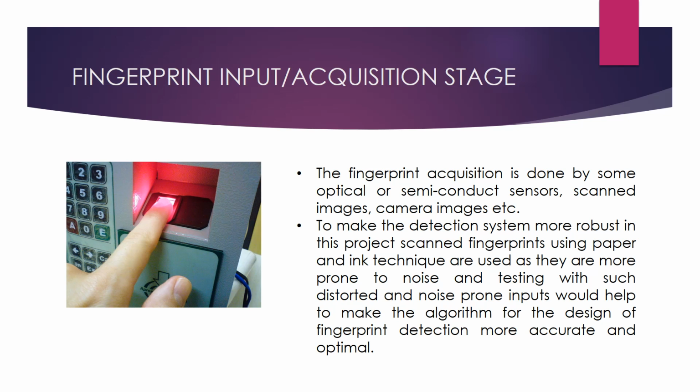While testing, if we are testing with more noisy inputs, and our algorithms are designed in such a way that they can handle such noisy inputs, then definitely in real-time scenarios when the inputs will be noisy, the detection algorithm will do a good job.